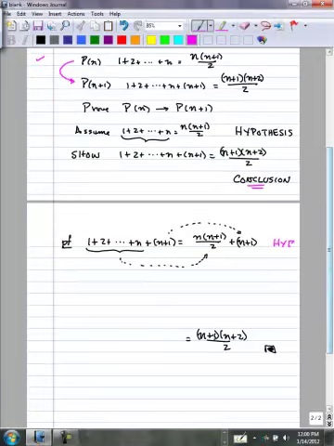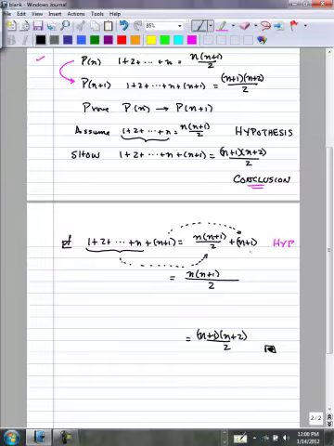Okay. Now, the rest is algebra. What I need to do on the right-hand side is add those two expressions. They have a common denominator of 2. The first term is simply going to be the numerator of the first term, n times n plus 1. The second term I'm going to have to rewrite as 2 times the quantity n plus 1 over 2.